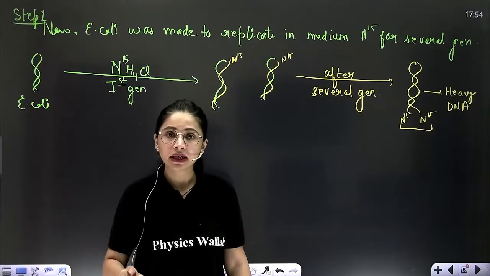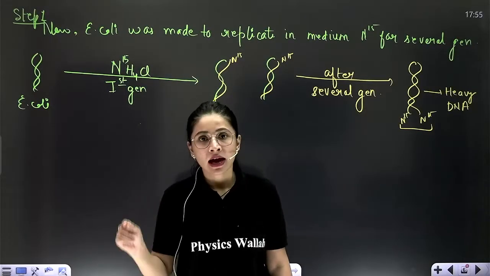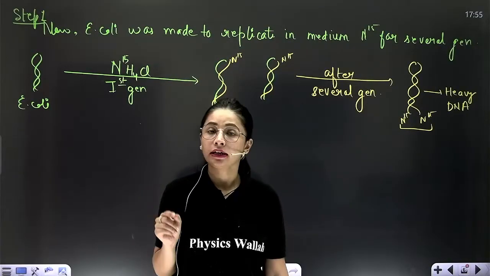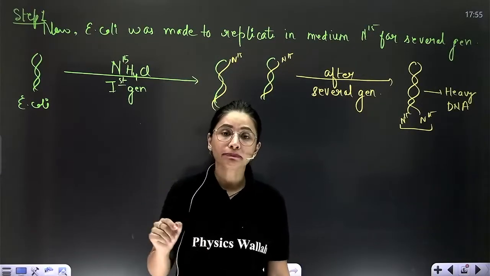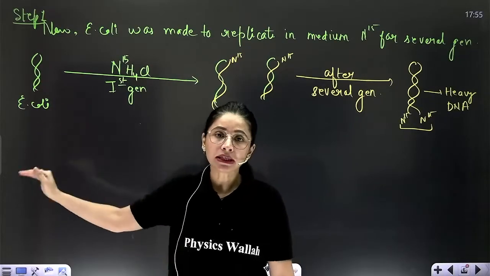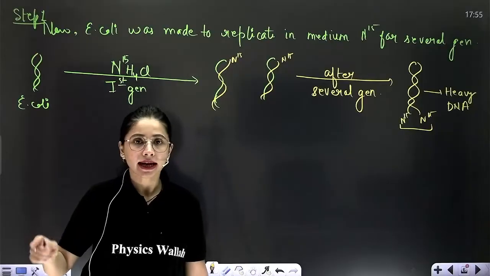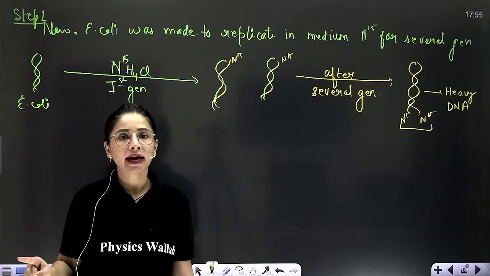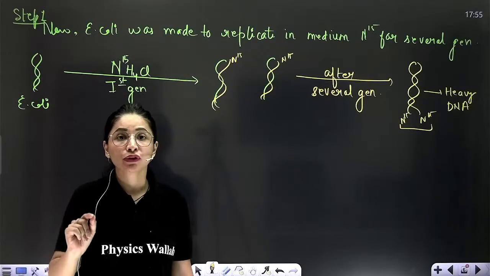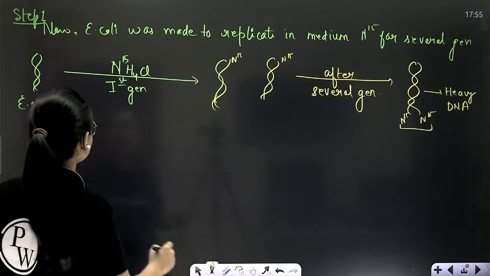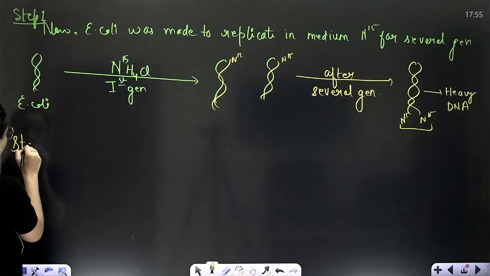Heavy DNA means when both the strands are having nitrogen which is N15 in nature. And it will happen only when the normal DNA is made to replicate several times in ammonium chloride medium having N15. Correct?